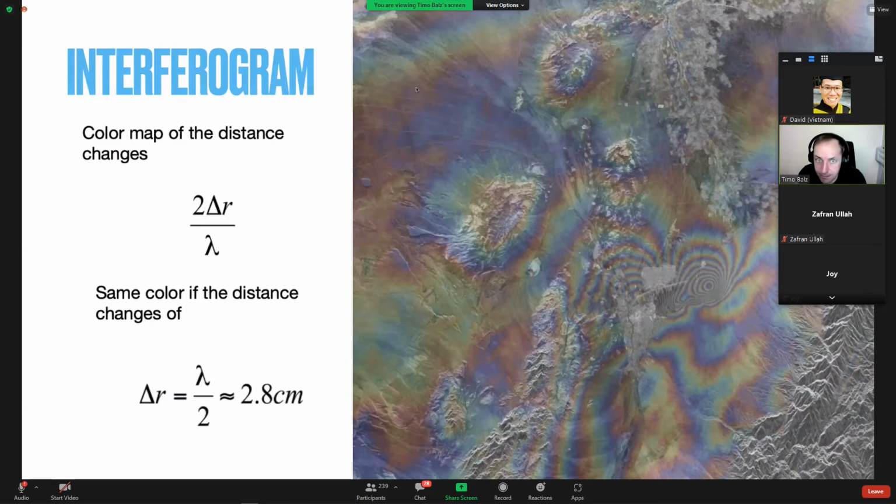If we look at the interferogram, it's a color map of the distance changes.